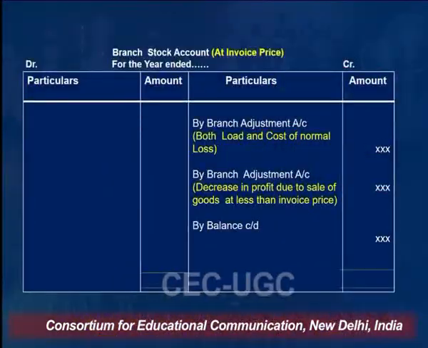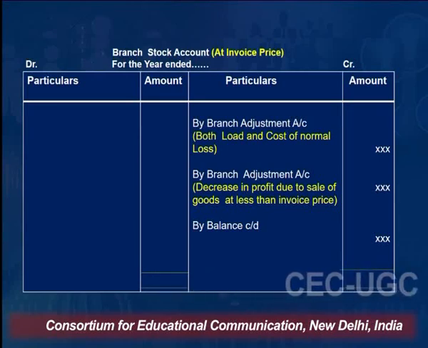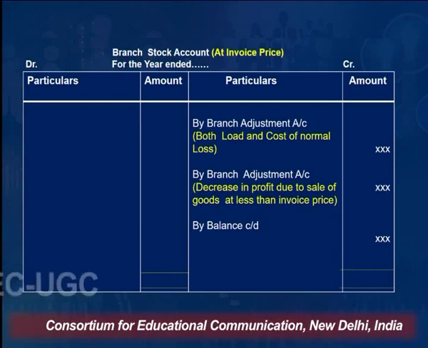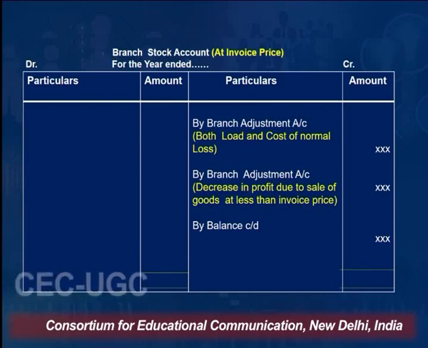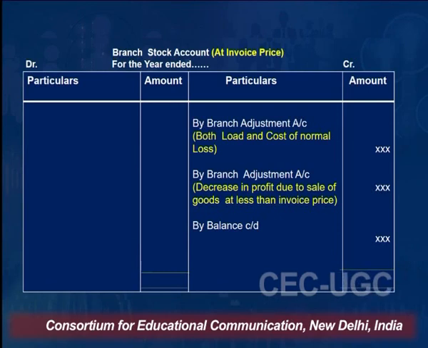The next item shown here is for normal loss. If normal loss is given in the question, then the entire amount has to be transferred. For example, normal loss is given in the question as 150 and this is invoice price. So the entire amount 150 would be transferred to the branch adjustment account. There is no need to segregate the cost part and the loading part.